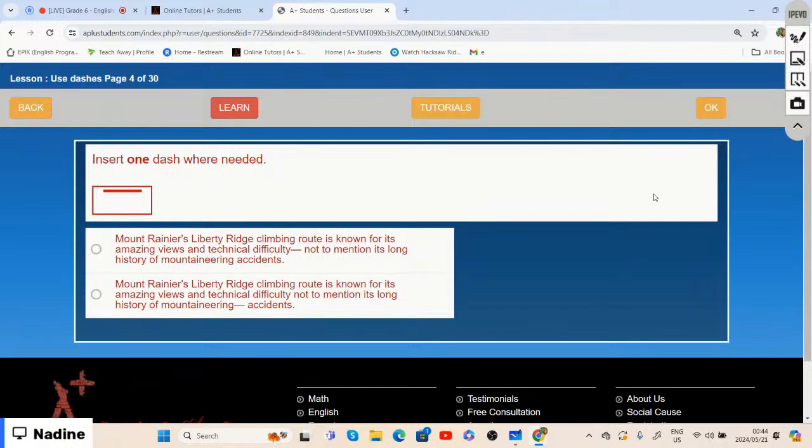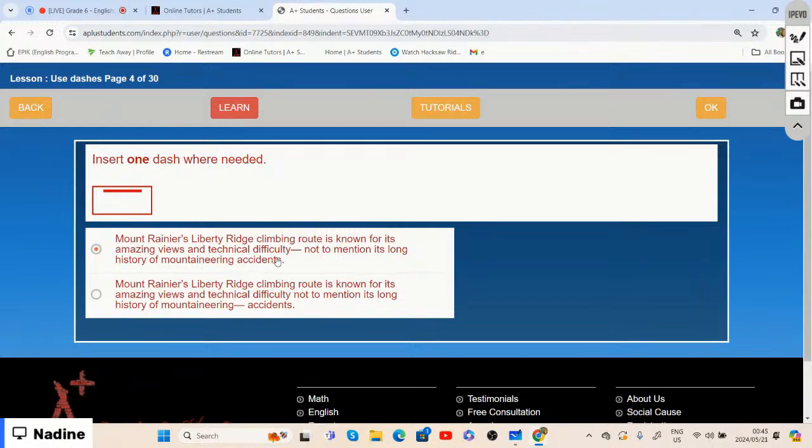All right, then if we were to choose the correct one, we'll choose option one. And the reason for choosing option one is because it says Mount Rainier's Liberty Ridge climbing route is known for its amazing views. We love the views, but also there's technical difficulties.